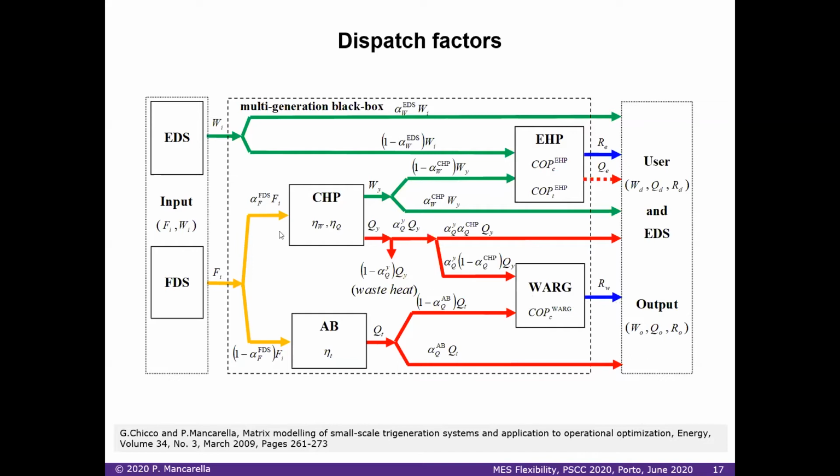So when you look at this, effectively you have electricity as an input, fuel, typically gas, as an input from your networks, and then you have refrigeration, so cooling energy, heat, the red one, and then of course electricity in green. As you can see, there are different ways inside the plant that you can actually supply the different components, but also finally the different energy vectors, electricity, heat and cooling to the users.